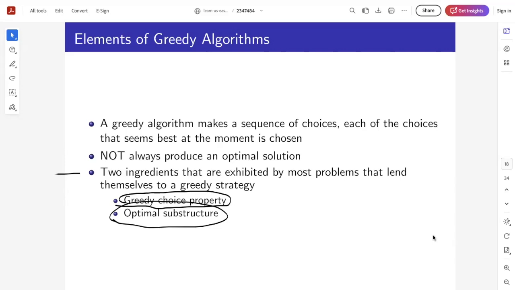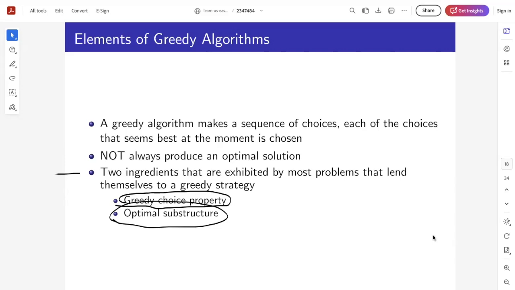In other words, this is pretty easy to see. For instance, I remove the first choice and then remove all the activities that are not compatible with it. In other words, they are conflicting with it. And then the remaining activities.